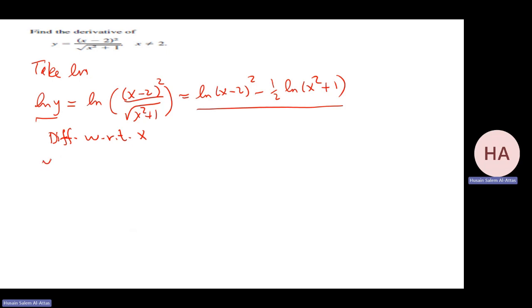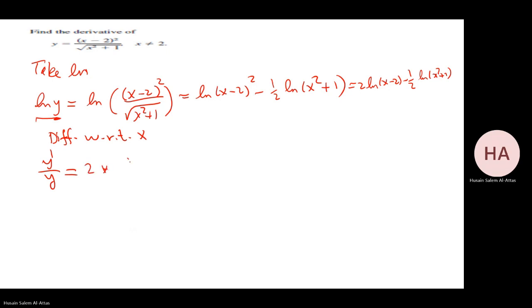What will you get? y prime over y, since I'm doing it with respect to x, that will be, oh, before that, I can simplify this as 2 ln(x minus 2) minus half ln(x squared plus 1). So that will be 2 times 1 over (x minus 2) minus half, and I have x squared plus 1 here, derivative 2x.